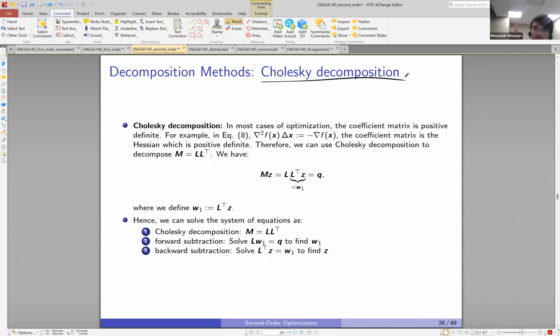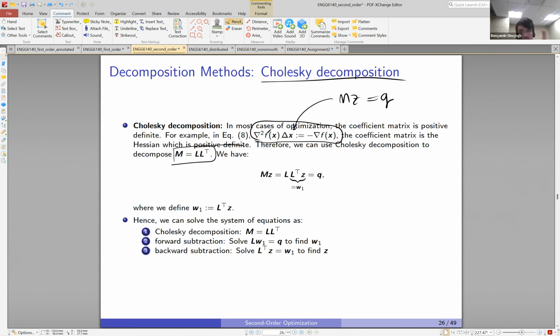By the way, Cholesky decomposition is only valid for positive definite matrices, but we know that M is positive definite. Why is M positive definite? For example, do you remember MZ equals Q? One case was unconstrained optimization, and we know that M here was the Hessian, and by definition the Hessian is a positive definite matrix.